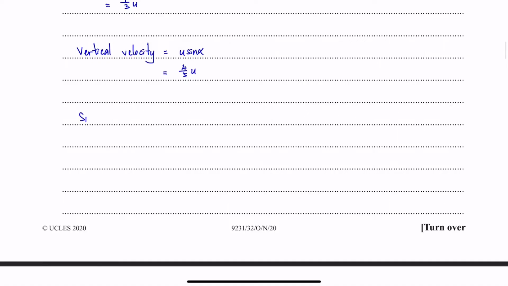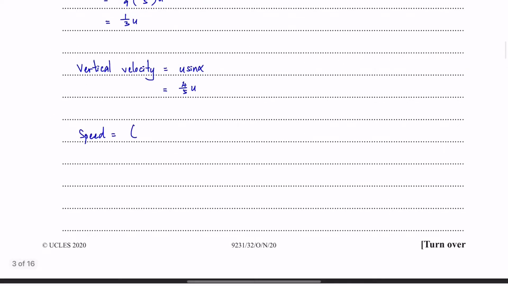Now the speed is simply the square root of (1 over 3 u) squared plus (4 over 5 u) squared. So we get 13 over 15 u as our speed.